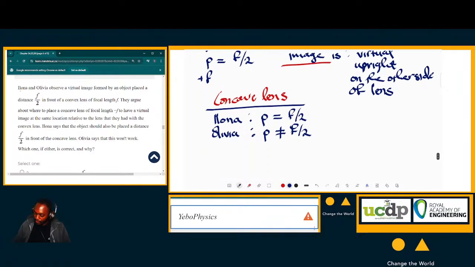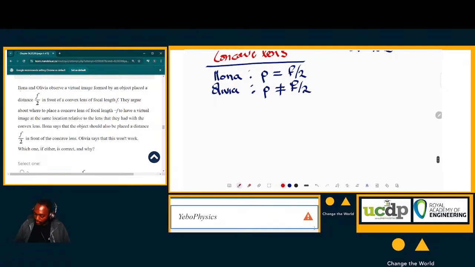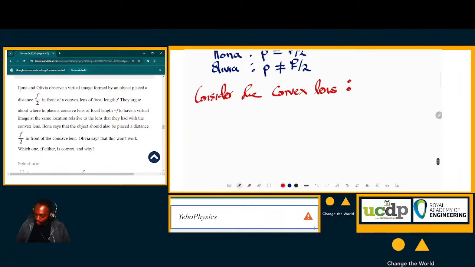Okay, so consider and use 1/f equals 1/p plus 1/q.